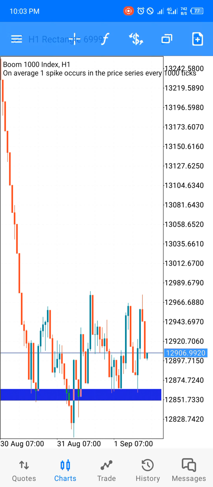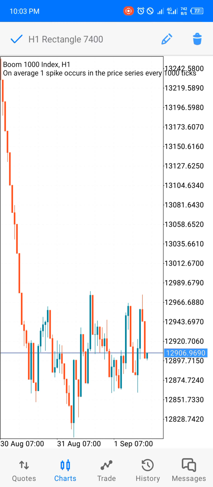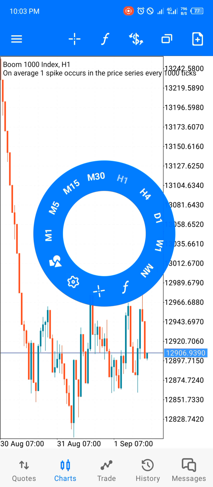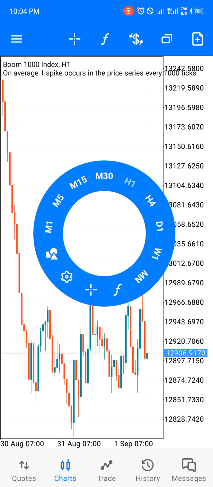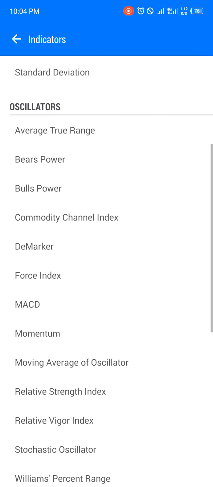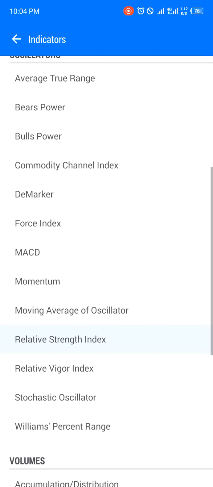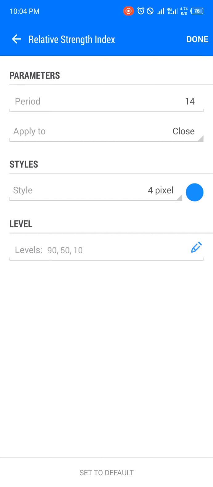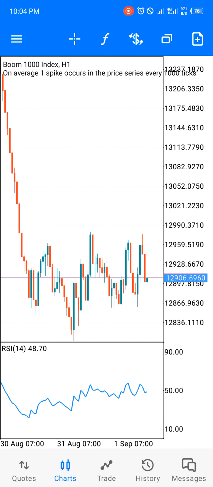Some YouTubers will tell you to look for your RSI, the Relative Strength Index, set the period, set it to apply to close, pixel 4, color blue, and so on, levels 90, 50, 10, and then enter.